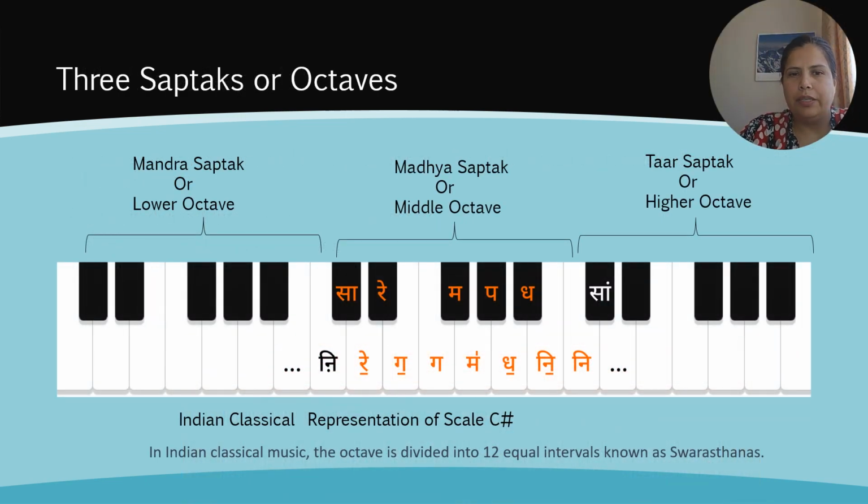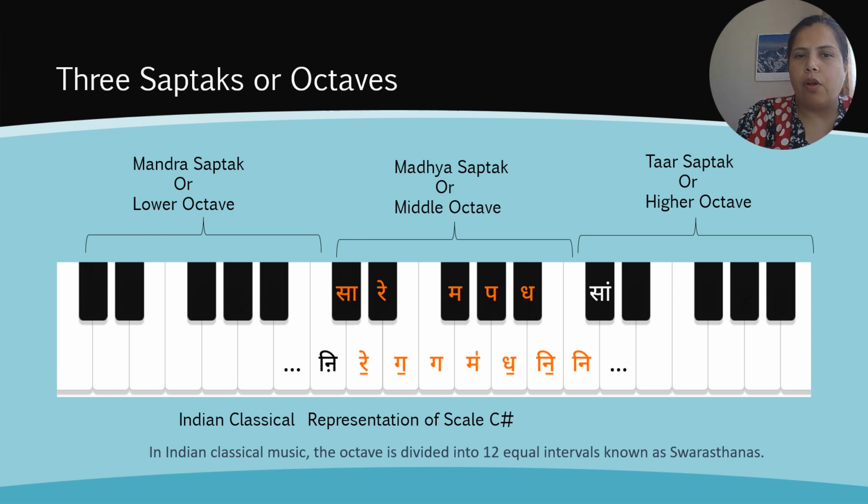As you can see here, the Mandar Saptak is the lower Saptak. It's an interesting thing to also note that the lower octave is on the left hand side of the musical instrument, and the higher octave or the Tar Saptak is on the right hand side. So you gain the octave as you grow from lower, so the pitch changes.